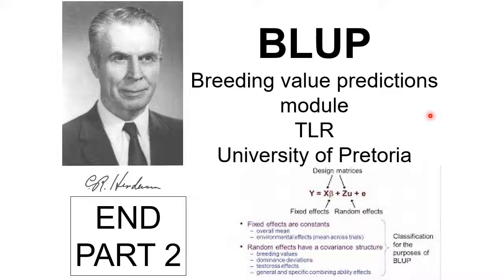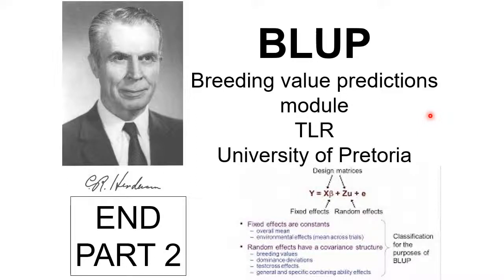We then needed to get the inverse of A, A minus 1, and A minus 1 is then multiplied with alpha. And remember, alpha is sigma square E on sigma square A. That's multiplied and added to Z prime Z, that matrix that links observations with animals, or whether they have measurements or not.